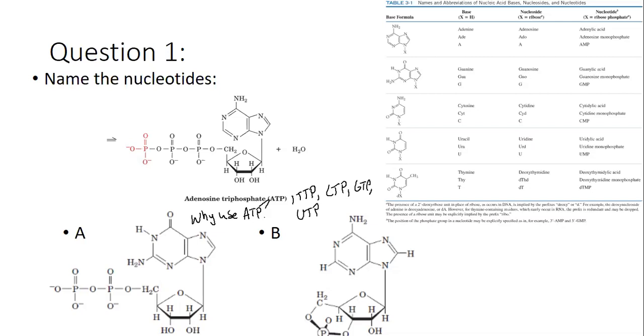Yeah, so my hypothesis is it's just kind of random chance, in that it makes sense to use only one triphosphate as energy, right? If I'm an organism and I have 1,000 different proteins, and these proteins need energy, it is much easier if they all use the same energy source, right?